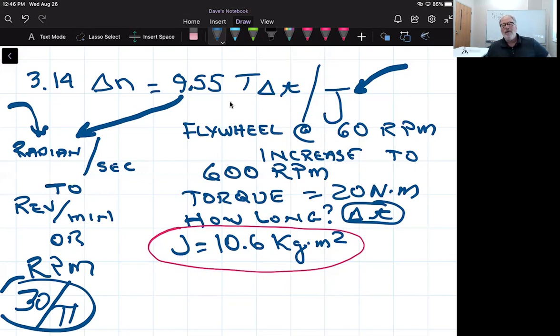So think about that. We have a torque that we can apply to this revolving body. How long we apply that torque will determine the change in speed. The longer we apply it, the faster it will turn. So how long would we have to apply this to reach 600 RPMs?